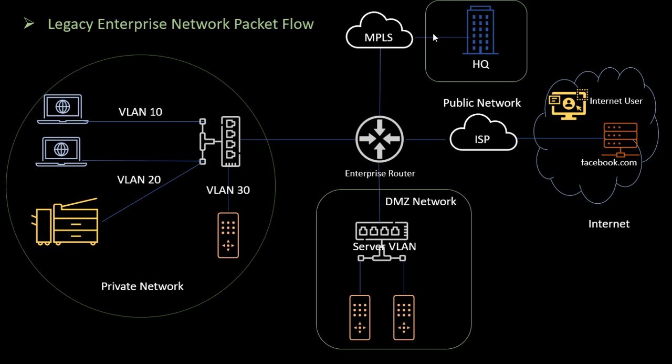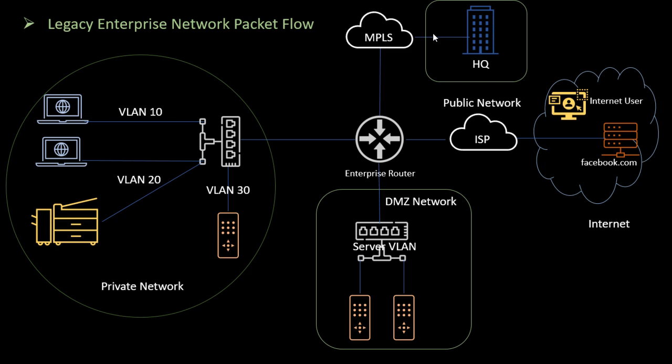In the private network, you will see that we used to divide the segments with the help of VLANs, right? So let's say VLAN 10 represents the HR department, VLAN 20 represents the finance department, VLAN 30 represents the DNS zone, so it is going to carry your local DNS servers.